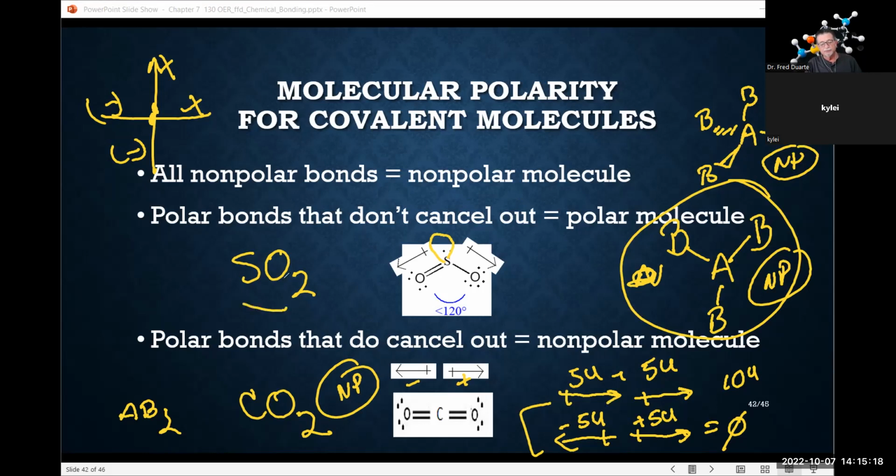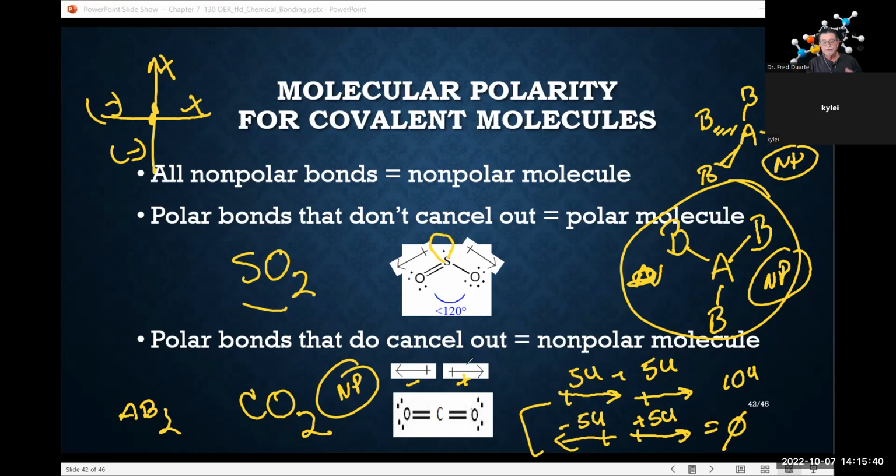And that's the example of sulfur dioxide. When you do that, you can see that the arrow to the right is going to the southeast direction, okay? And the arrow to the left is going to the southwest direction, all right? So they don't cancel each other out. So the sum of those two is somewhere in the center, okay?